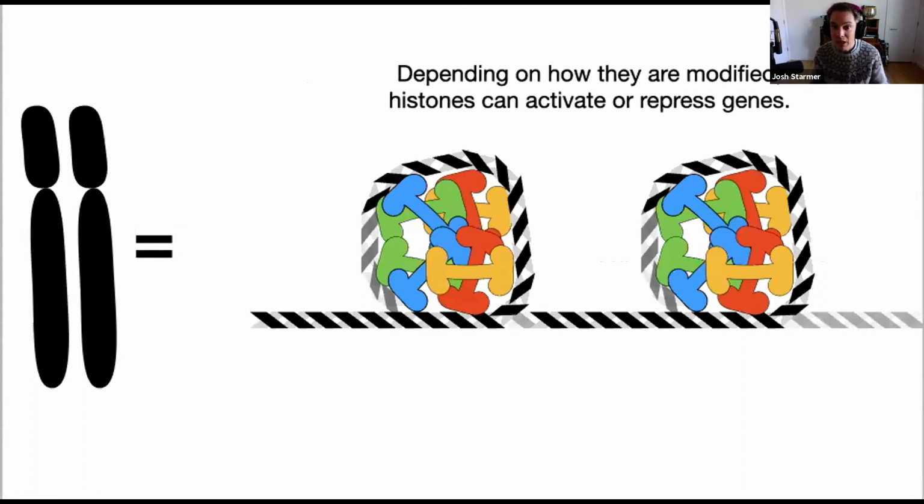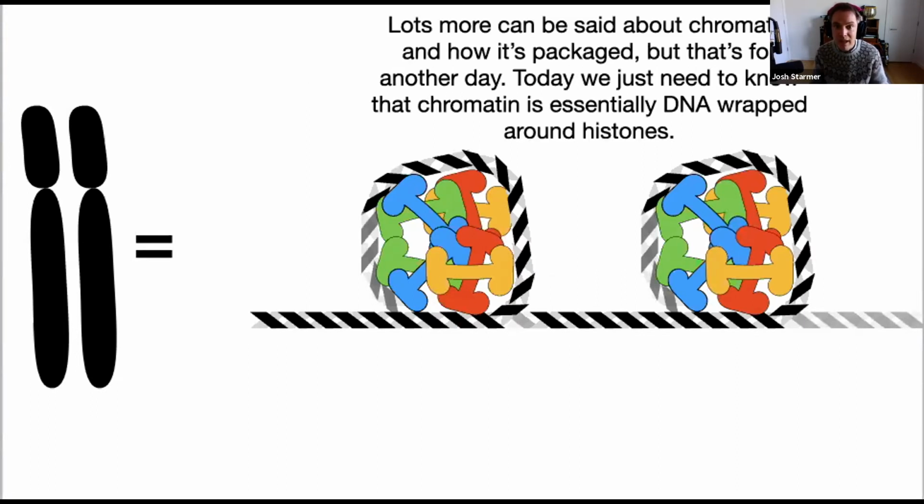Depending on how they are modified, histones can activate or repress genes. Lots more can be said about chromatin and how it's packaged, but that's for another day. Today, we just need to know that chromatin is essentially DNA wrapped around histones.